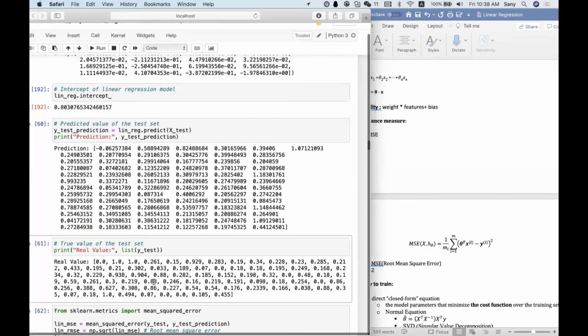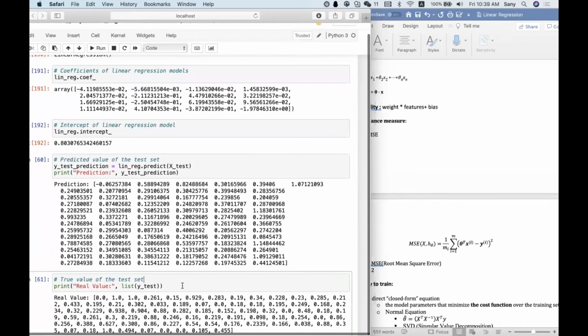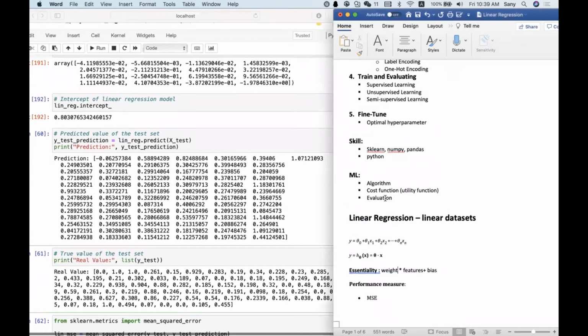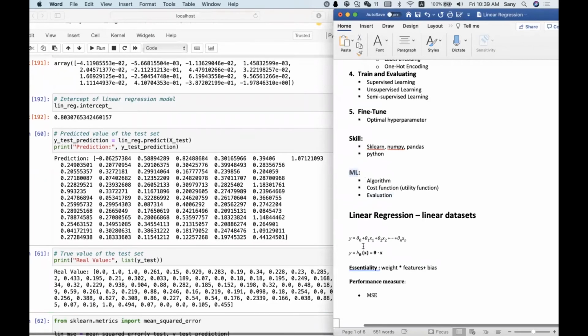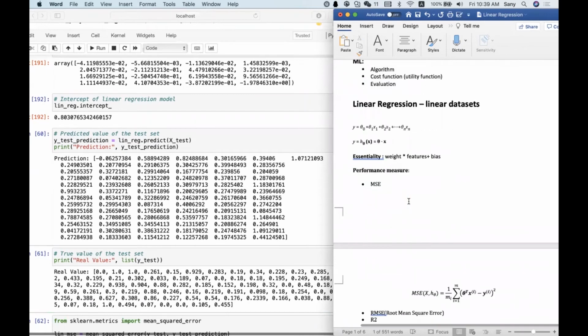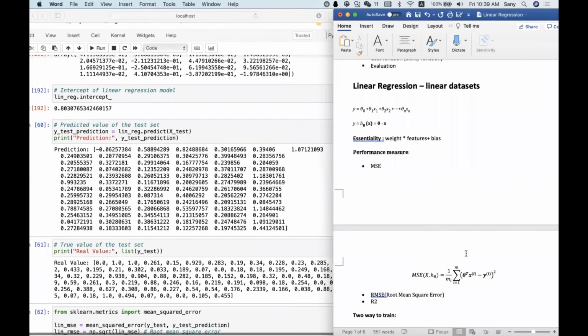So the next step is to evaluate the performance. How can we do that? This is the final round for our machine learning algorithm evaluation. We should find some performance measures. A quite common one, which maybe you have used in your work already, is the mean square error.